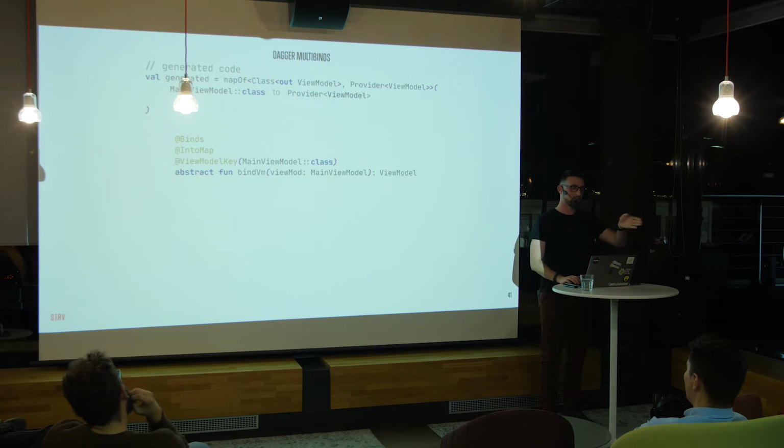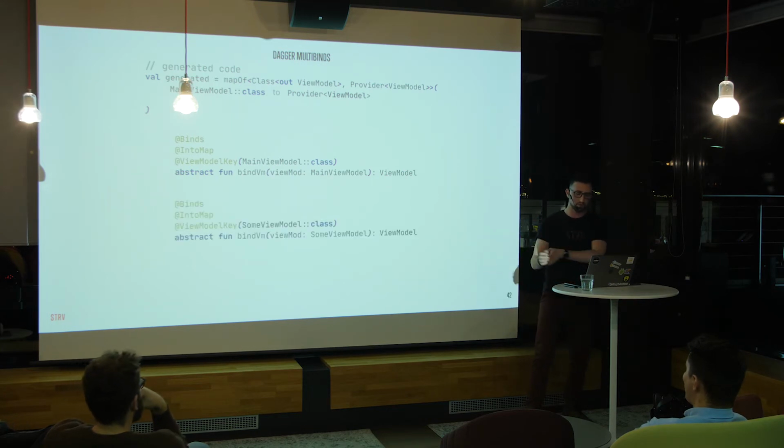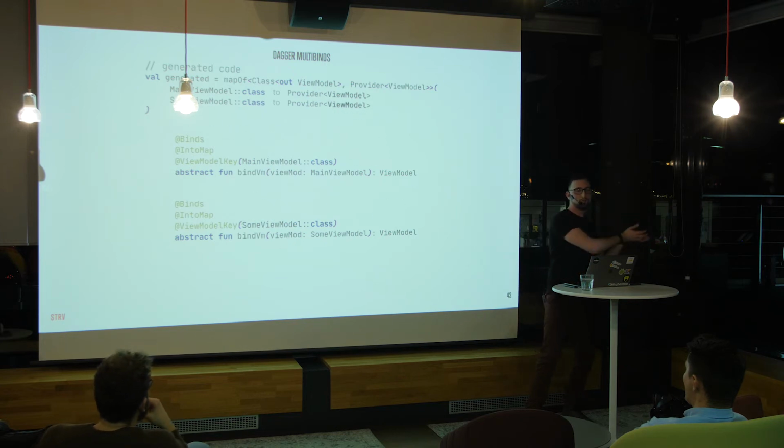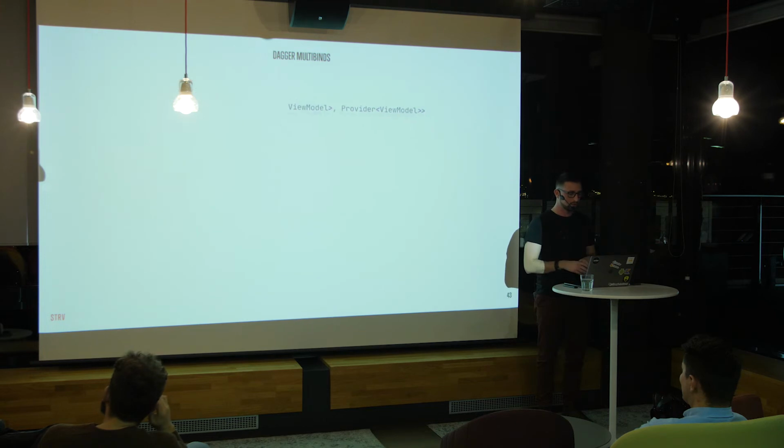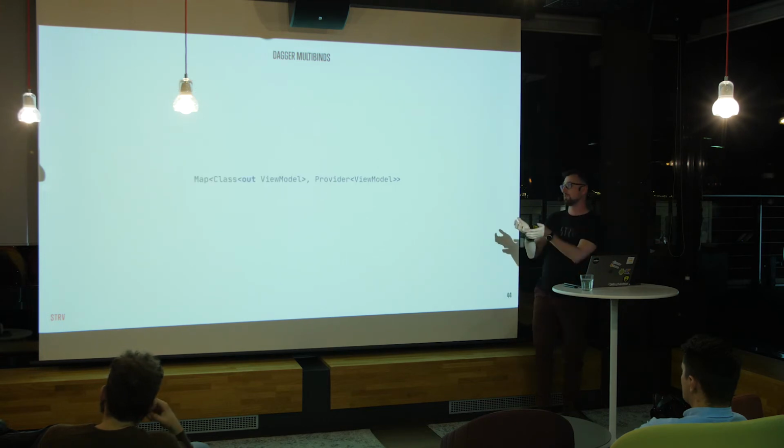In this case, it will generate my ViewModel to provider of ViewModel, and some ViewModel and its provider again. Typically, Dagger really is not good about dynamic things. It just generates things.